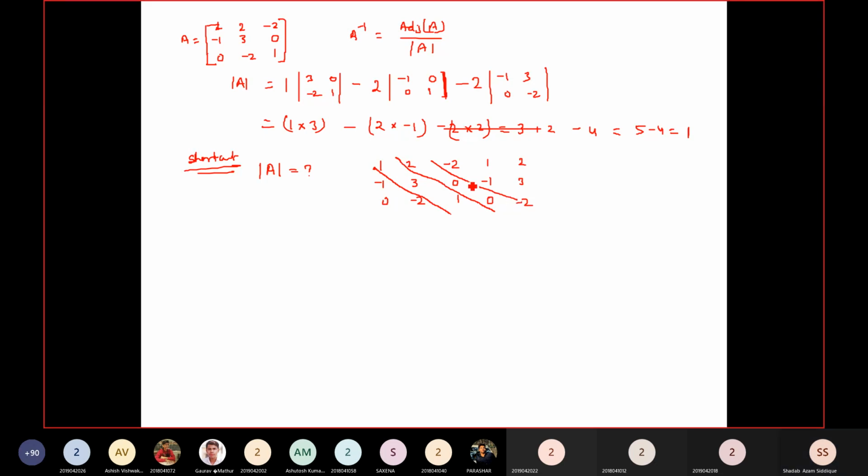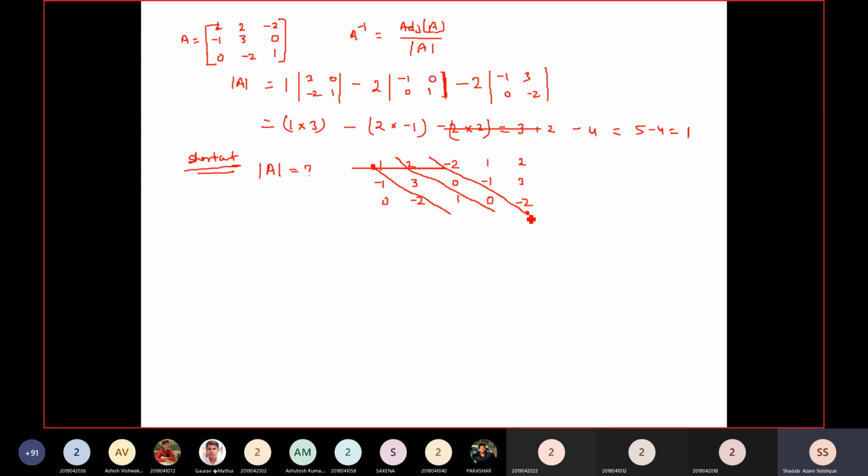So you can see I have covered 2, 0, 0. Then I'll cover -2, -1 and -2, starting from this corner and ending at this corner.